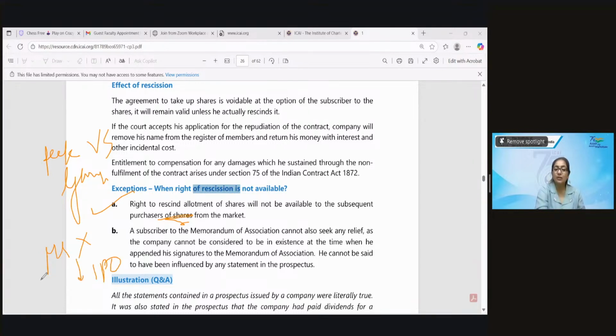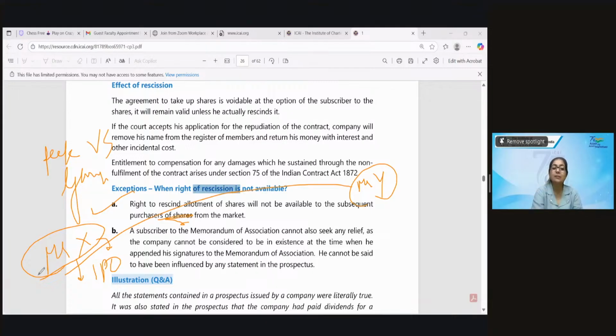So when you are purchasing the shares from the IPO, means from the primary market. And later Mr. X sold these shares to Mr. Y. So that means Y has purchased the shares in the secondary market. And Y later on said that I want to cancel the contract because there is a misleading prospectus.